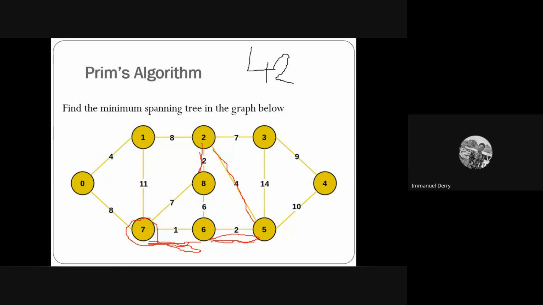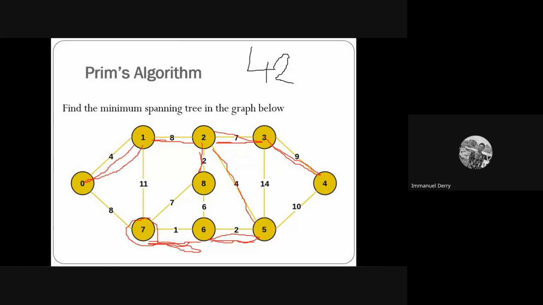Where is 2 to 3? Okay, here. Then we go to 4. Where's 4? Okay, here. And then from 2 we can go to 1 and then 0. And 0. Yes.